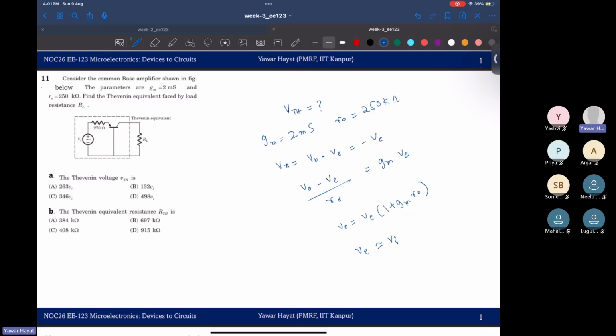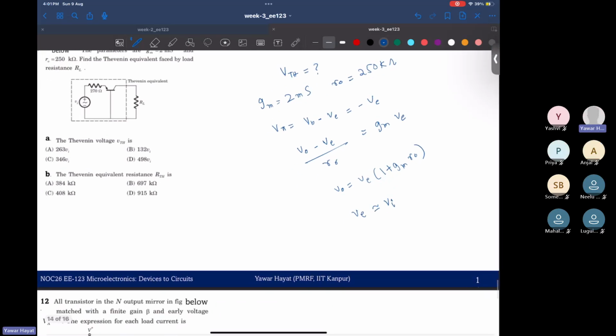right? So what we can write is our Thevenin voltage VTH is approximately 1 plus GM RO times VI, right? So now, how much is GM RO?